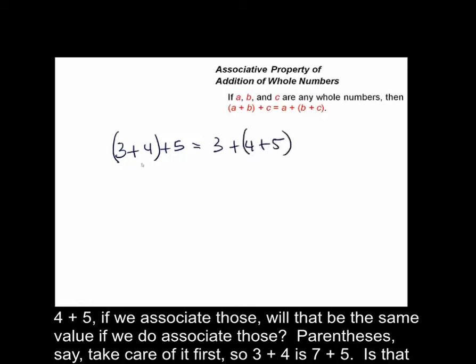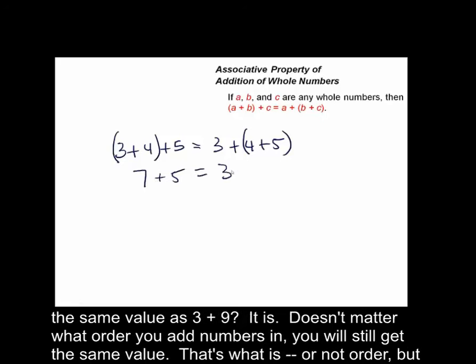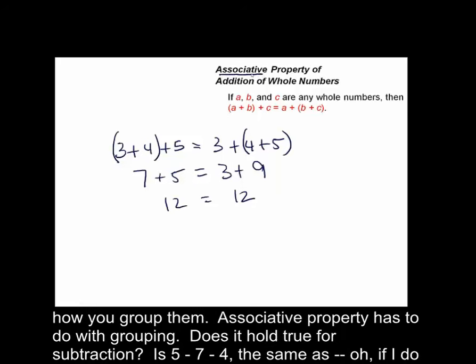Parentheses say take care of it first, so 3 plus 4 is 7, plus 5. Is that the same value as 3 plus 9? It is. Doesn't matter how you group them, you will still get the same value. Associative property has to do with grouping.